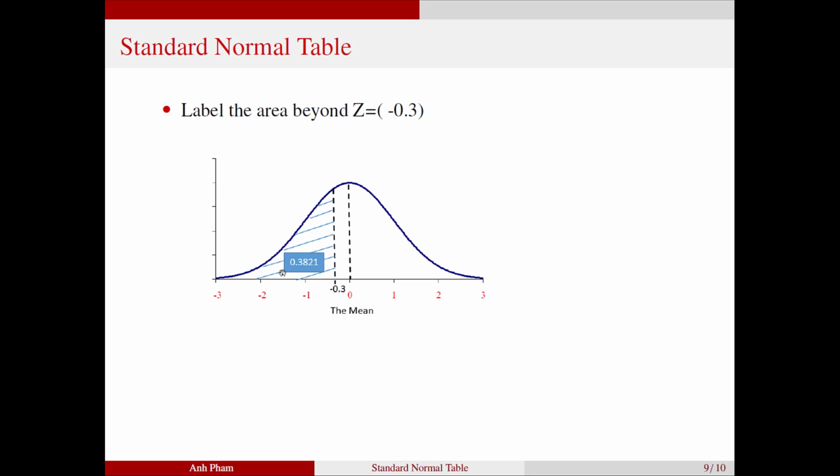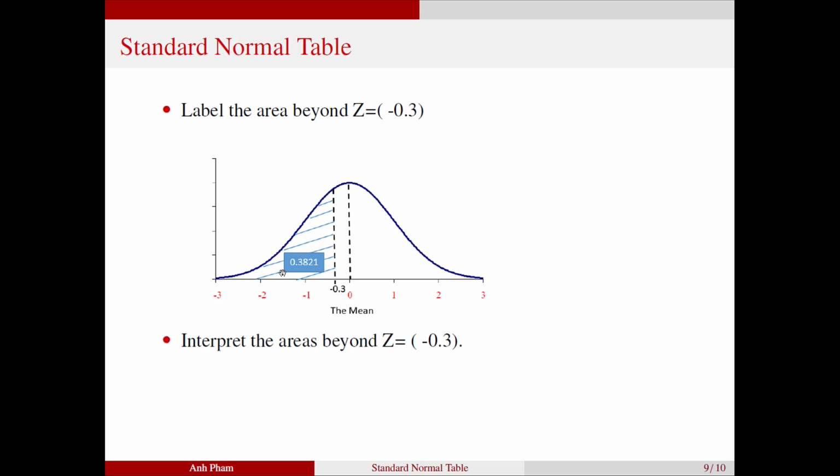After you look into the table of Appendix A with z equal to 0.3 and look at the area beyond z, you will see that the value is 0.3821.